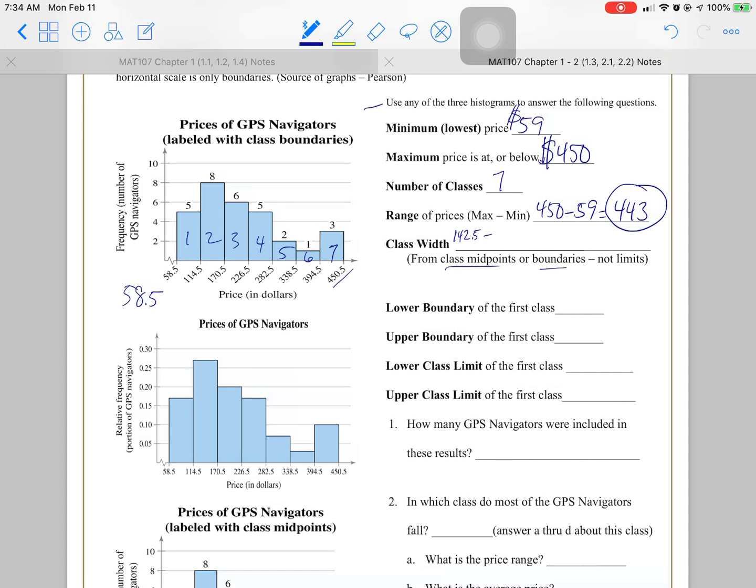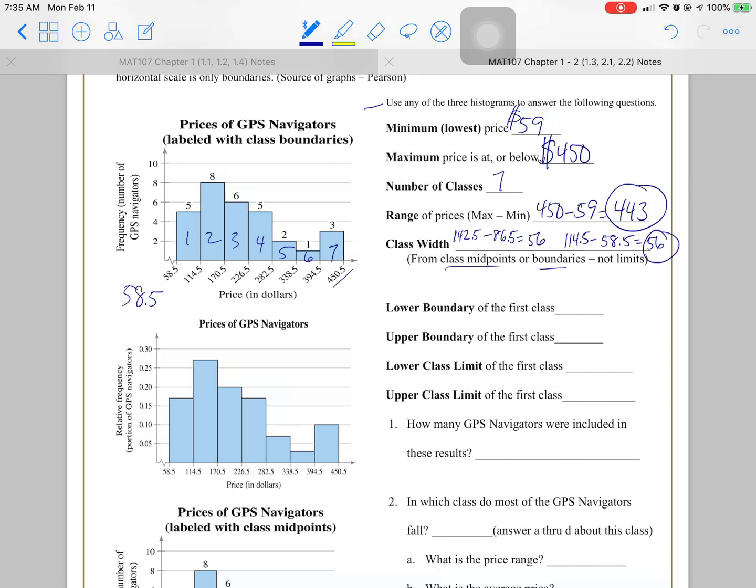So midpoint to midpoint, 142.5. Put the bigger one first because you don't want a negative number for a width. That gives you 56. But the boundaries we can do 114.5 minus 58.5, which is going to give you 56 as well. So the class width is 56.